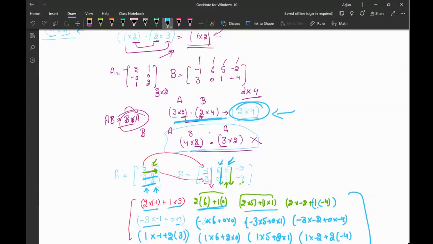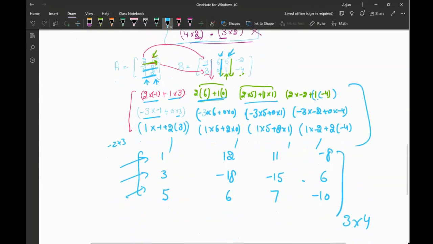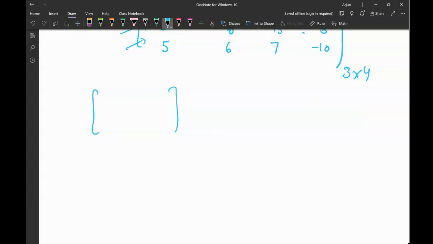All right, the next thing I'm going to talk about is the identity matrix. An identity matrix has only the diagonal elements, so this will be 1 1, and this is 0 0. This is an identity matrix of 2 by 2, because there are 2 rows and 2 columns. If I wanted to write an identity matrix of 3 by 3, it's 1 1 1 on the diagonal and the rest 0.